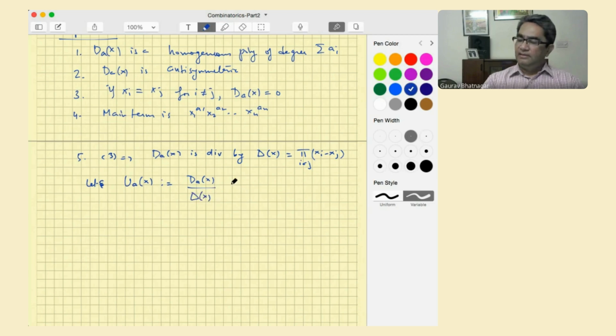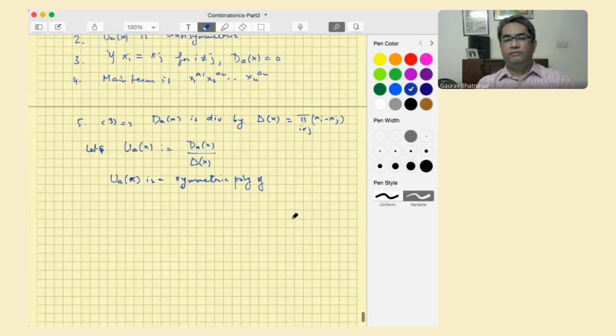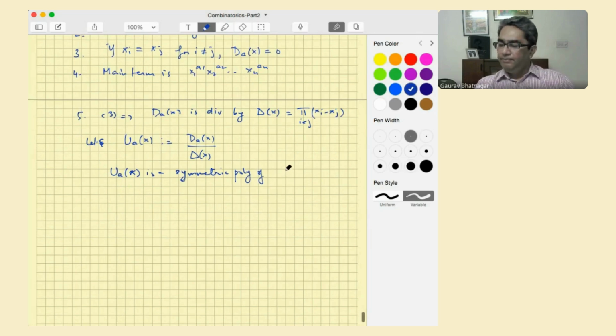Then uax is a symmetric polynomial of degree summation ai minus n choose 2.